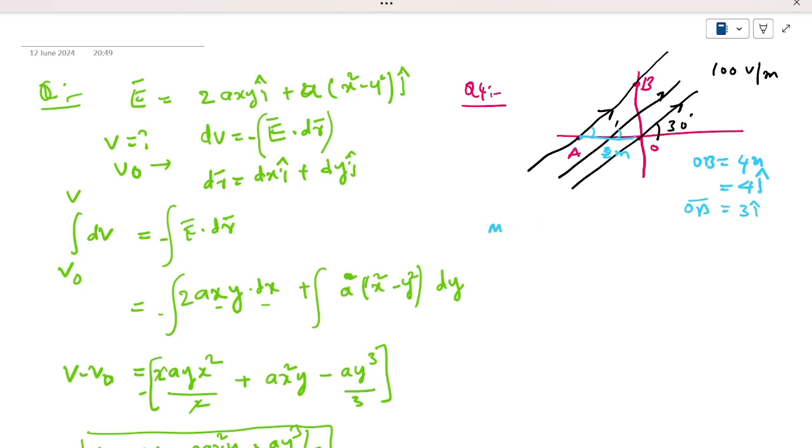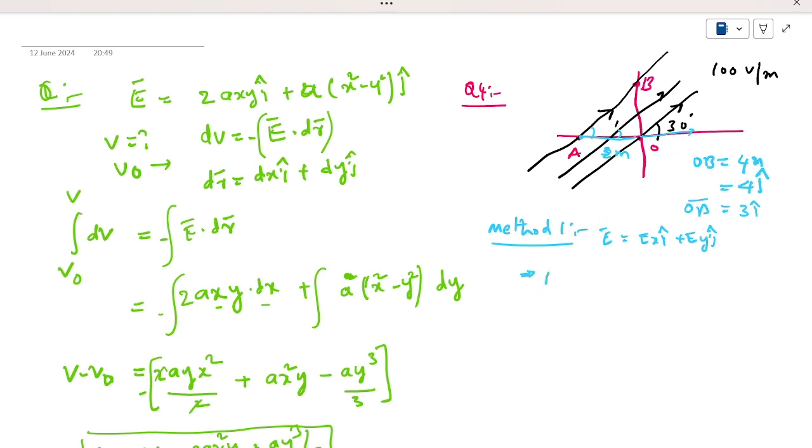Method 1 I will see first. In method 1, I will resolve the E component into x and y. So E bar is equal to Ex i cap plus Ey j cap. Here the hypotenuse is 100, Ex is E cos 30 and Ey is E sin 30.